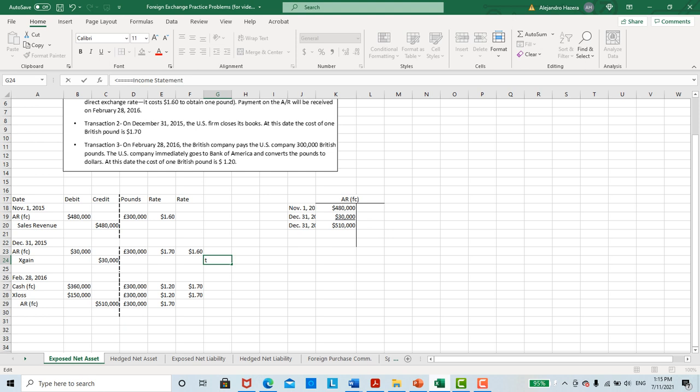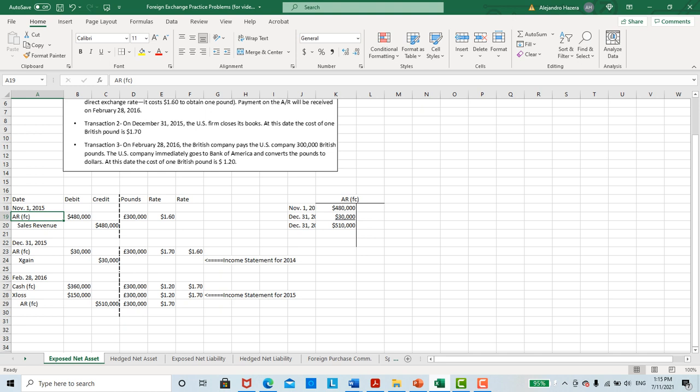So I'm going to say this gain went on to the 2014 income statement, and this loss here went on to the income statement. That gain was shown in 2014, and this loss here is shown in 2015. Anyway, that's just the basic idea: you sell something, but the account is denominated in foreign currency.